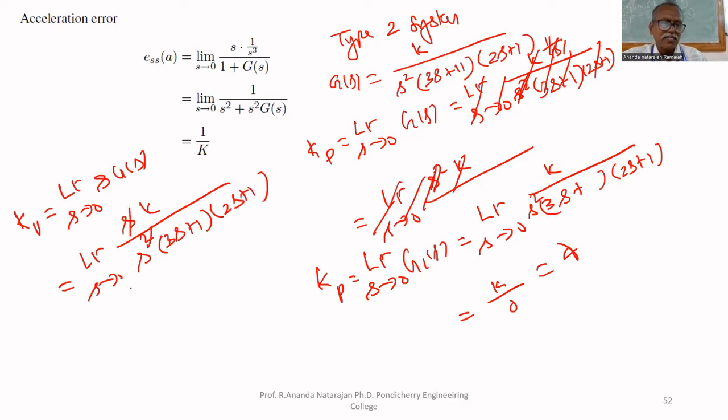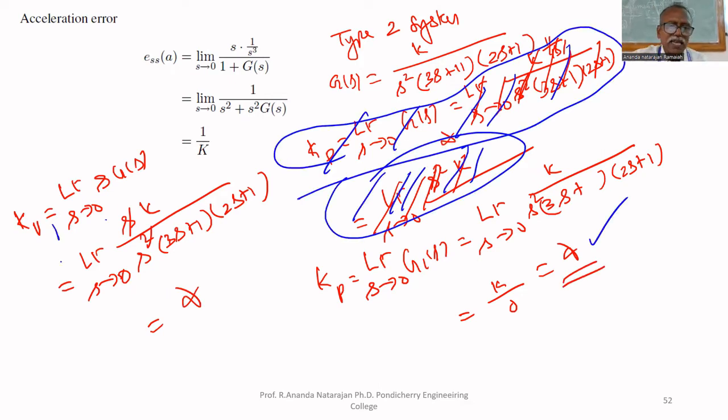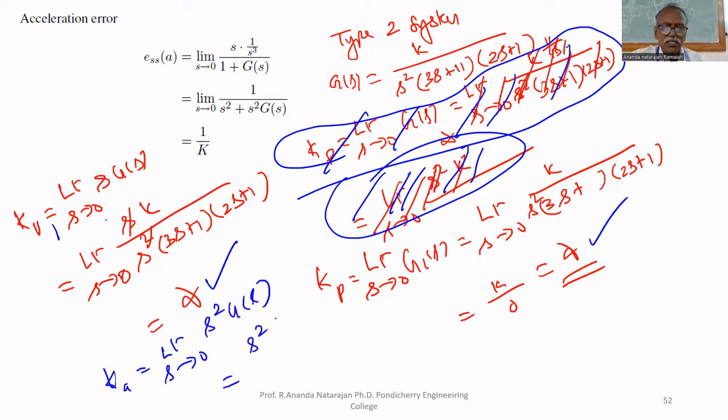The s square gets cancelled, however, as s tends to 0, this also becomes infinity. What is Ka? Ka equals limit s tends to 0 of s square G(s), that is s square K upon s square (3s plus 1)(2s plus 1). If you take the limit s tends to 0, you will get K.